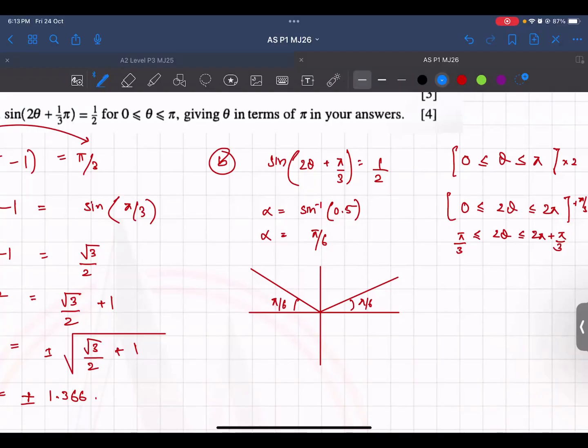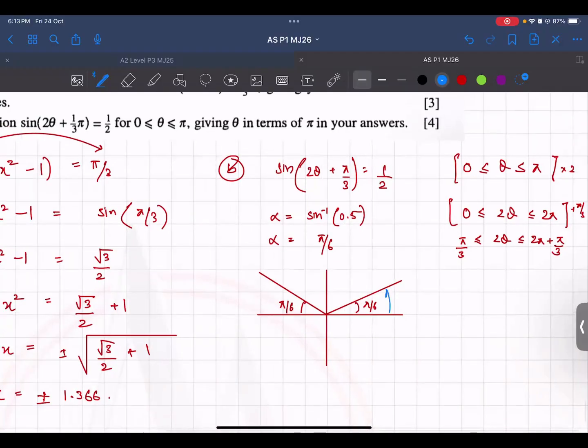So the first answer is not part of the solution because the range is from 60 till 360 plus 60, which is 420. The first answer that we're getting is 30 degrees or pi by 6.